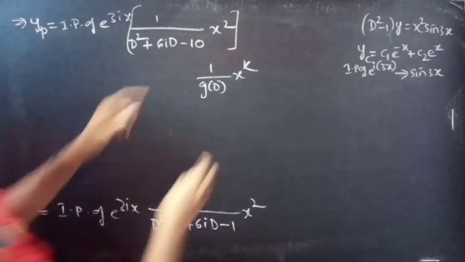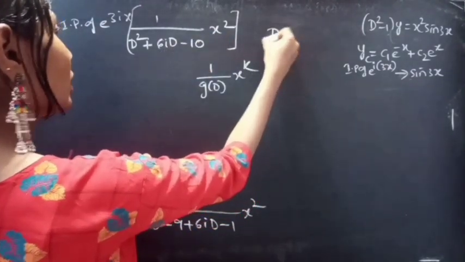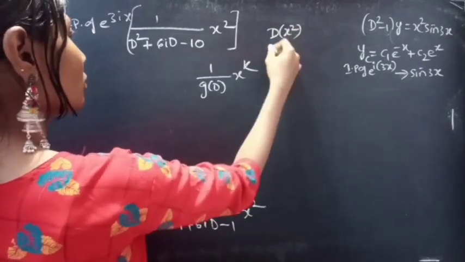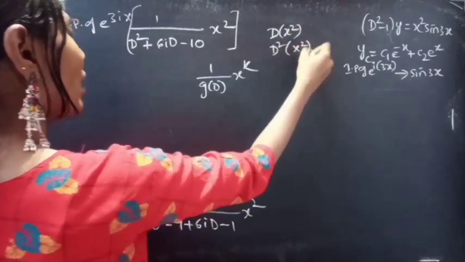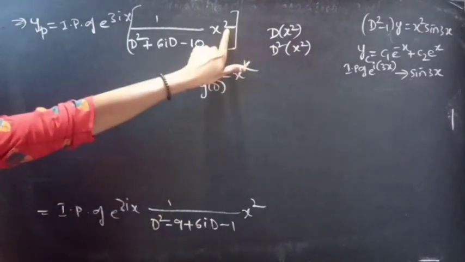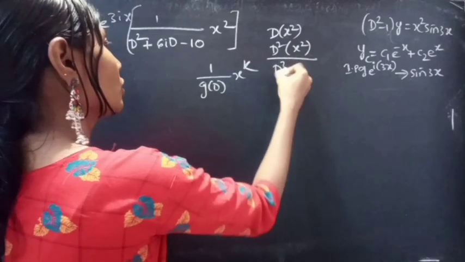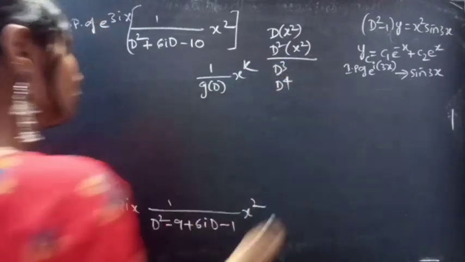Also, for k equals 2, we'll have values only for D of x² and D² of x². We'll get derivatives only till D² because k equals 2 here. Higher derivatives from D³ will be 0. We'll see that later.